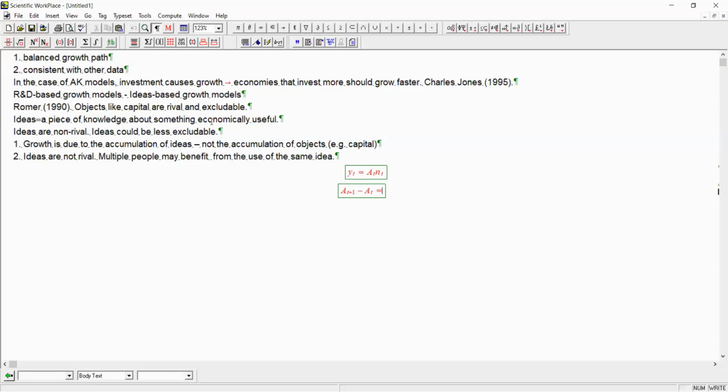And that is related to this, which we're going to call labor devoted to research.